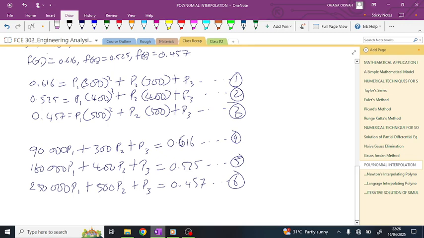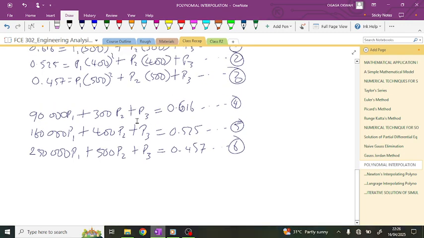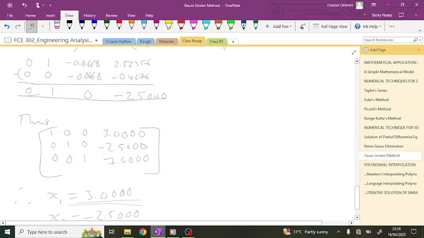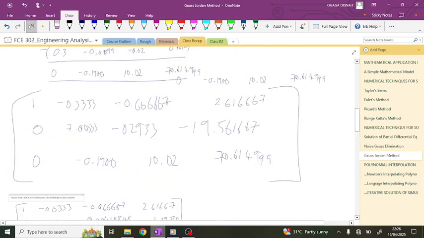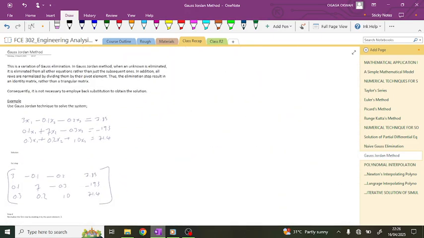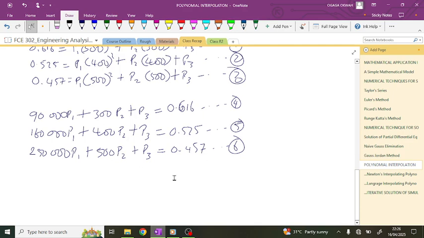Now if you look at this, it looks just like this. Can you see that? It looks just like that. So you can use either naive Gauss elimination or the Gauss-Jordan method to resolve it.